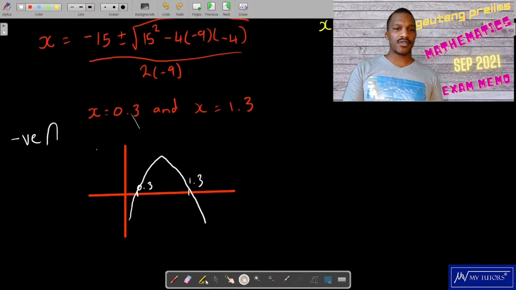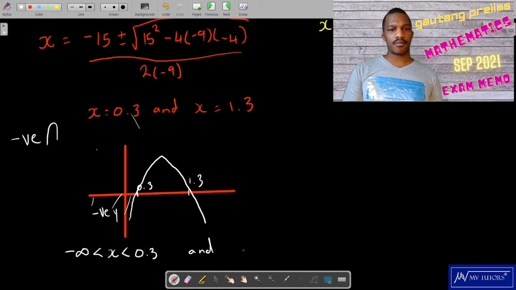So the graph is negative between negative infinity, these are the x values, to 0.3, and also from 1.3 to positive infinity.